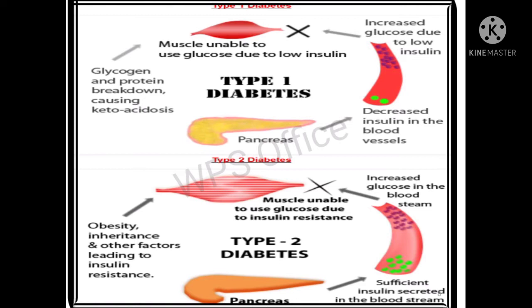Then in type 2 diabetes, there will be increased glucose in the bloodstream, but the muscle will not be able to utilize the produced insulin. This may be due to factors like obesity, hereditary factors, hypertension and so on.